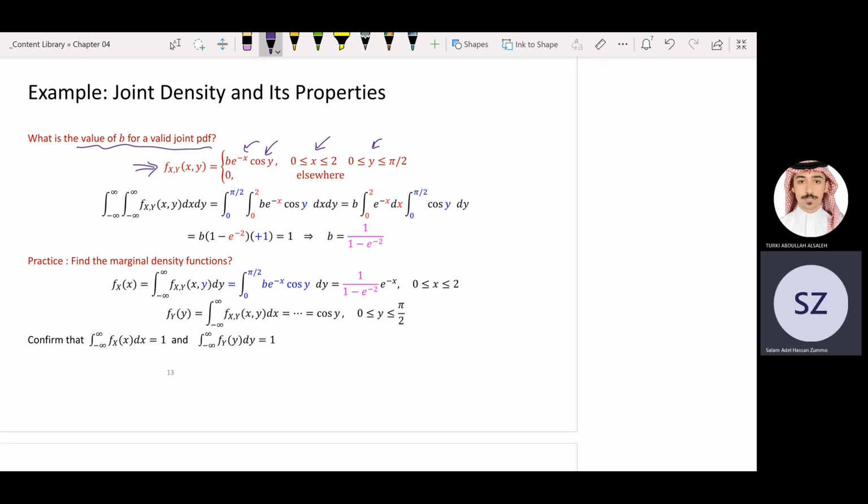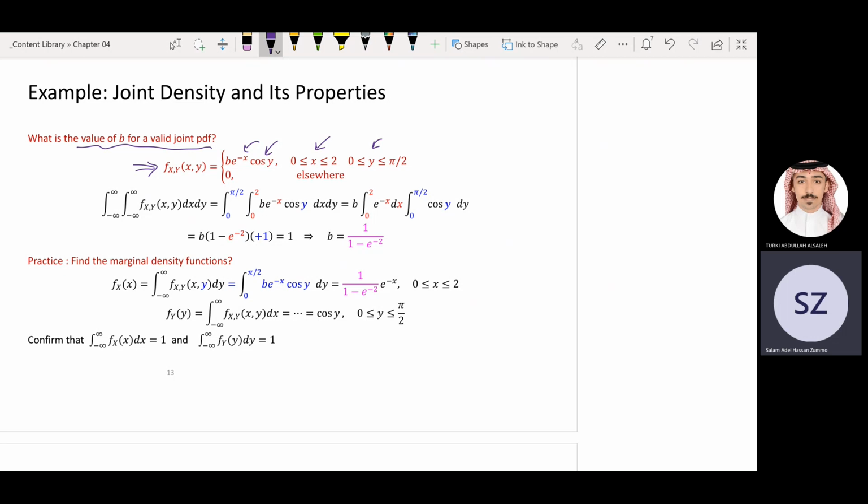Now what do we need to do in order to find the value of b? I'm giving you a joint PDF, and we want to find b such that this is a valid PDF. The joint PDF should integrate to one, right?